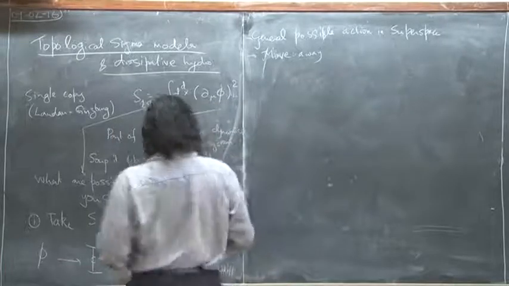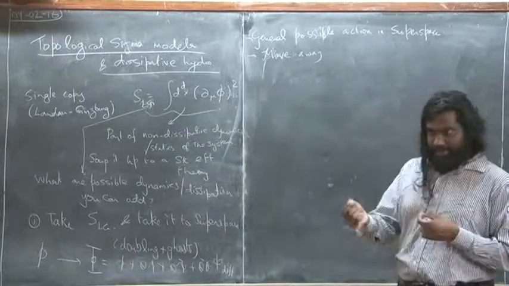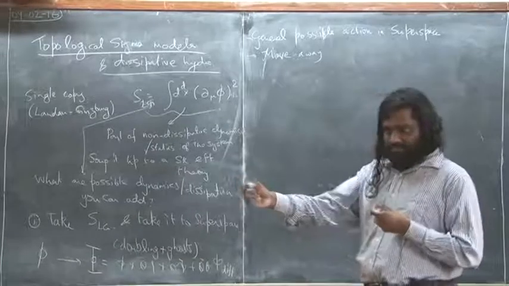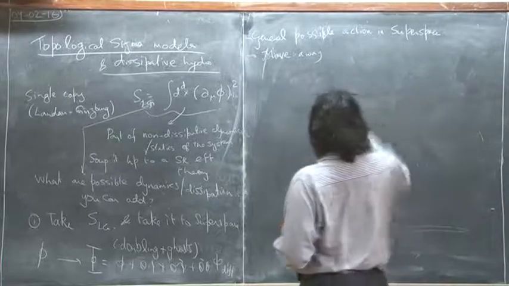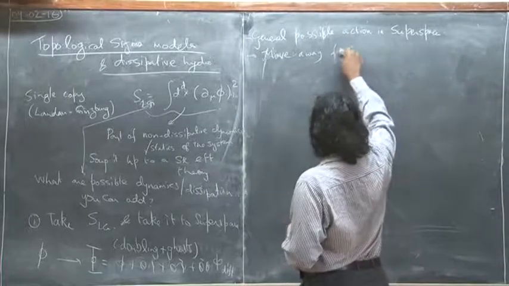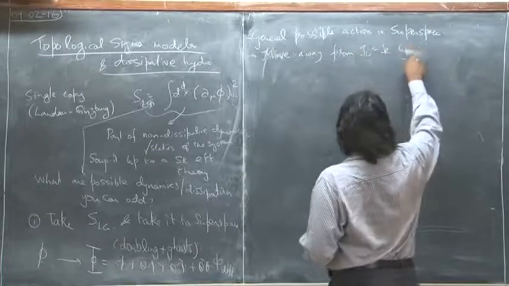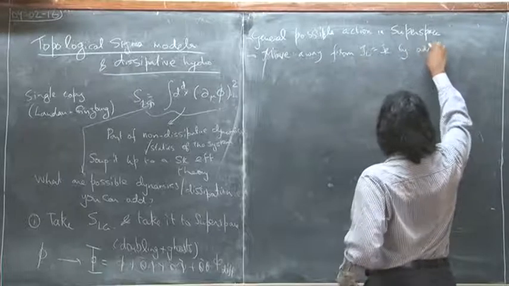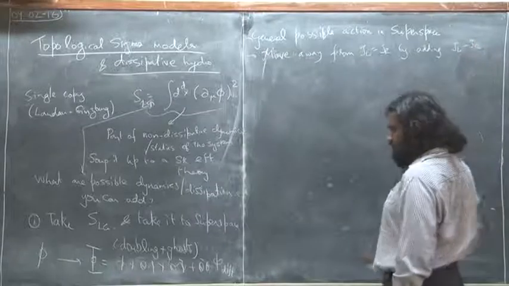And what I'm trying to do is to think about the limit where they are not aligned, as a small deviation from the aligned limit. And that's what I'm trying to do. So move away from JL equal to JR by adding some JL minus JR. So how do you do that?